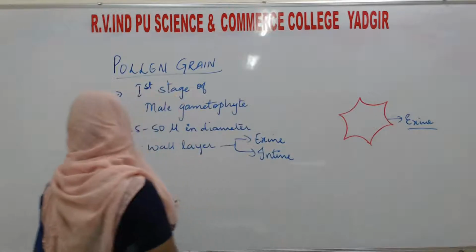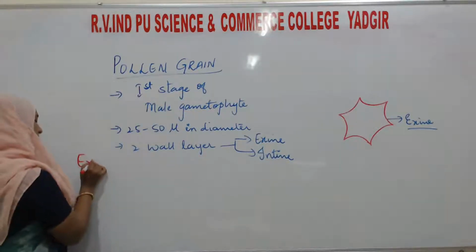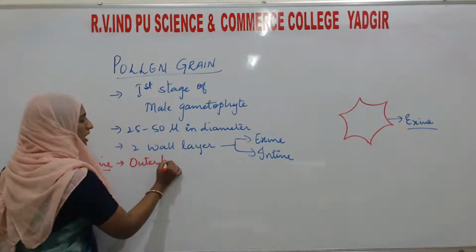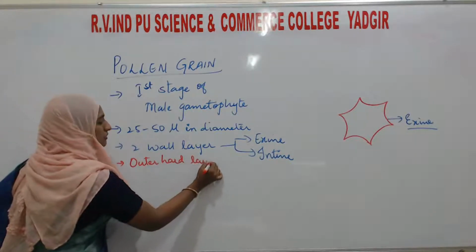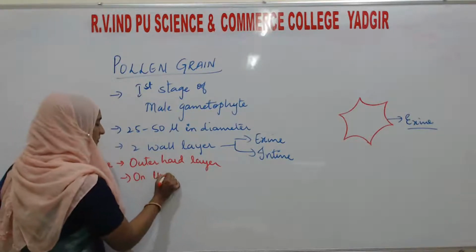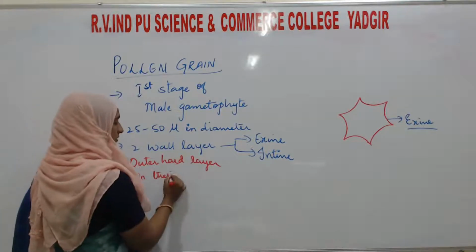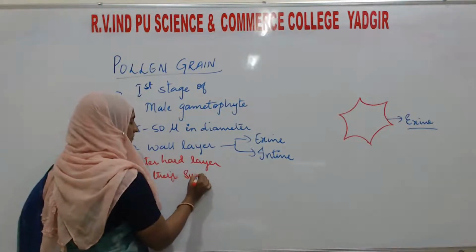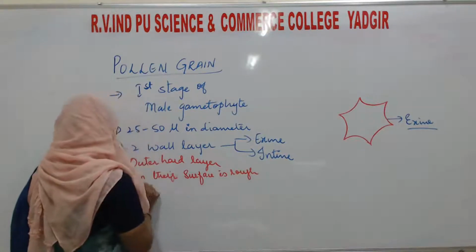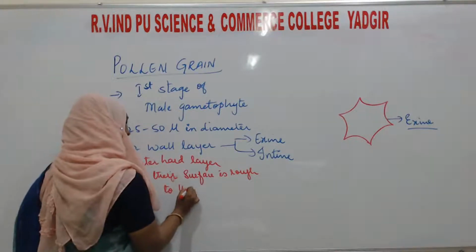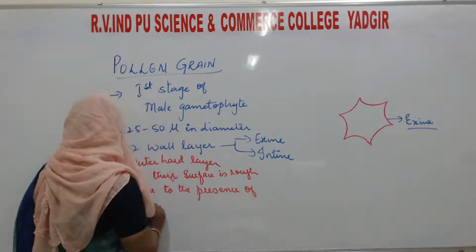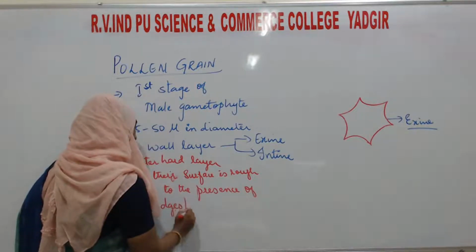The exine layer, the outer hard layer, has a surface that is rough due to the presence of ridges or outgrowths.